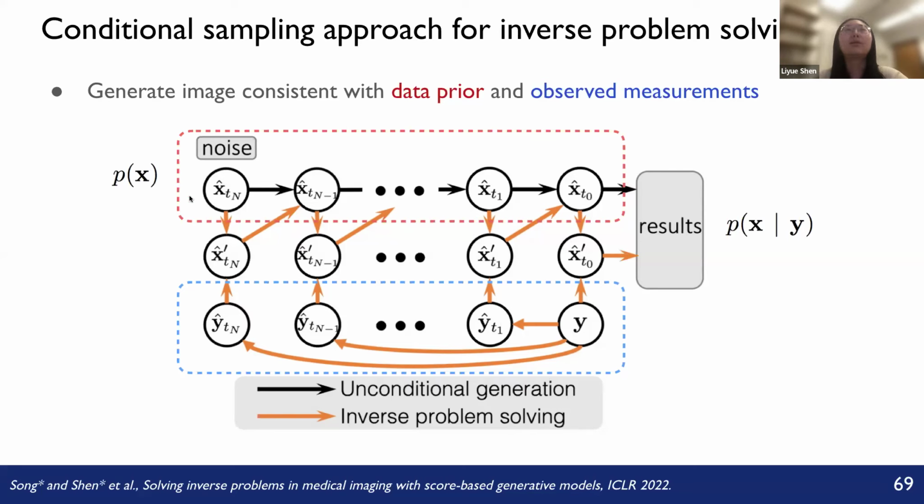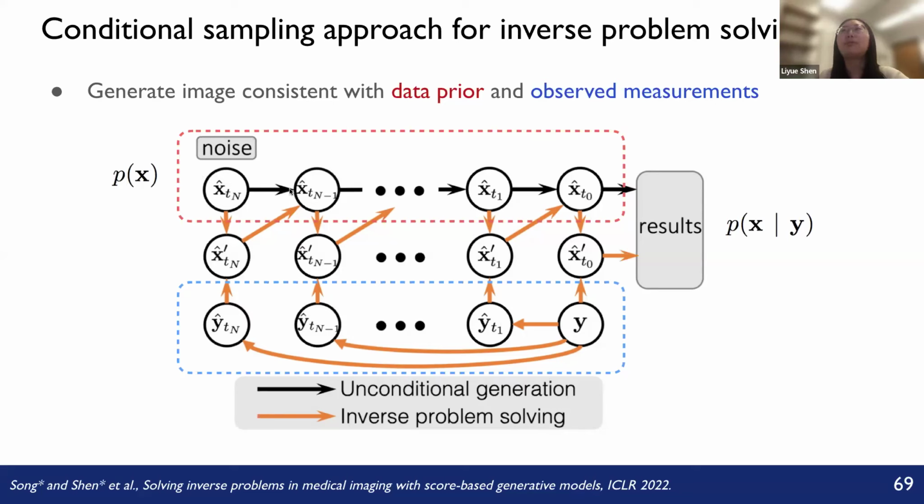So here we assume we are doing the diffusion training in a standard way using only clean data, which is, for example, medical images in this case. In this way, we can get the estimation of the score function of the ground truth distribution p(x).